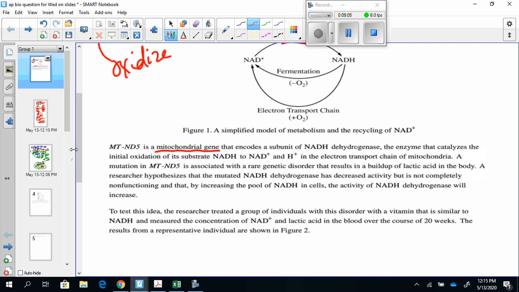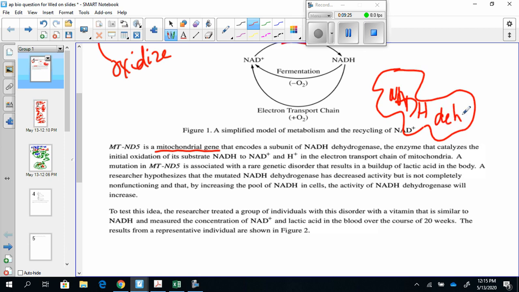All right, so this is a mitochondrial gene that encodes a subunit of NADH dehydrogenase, the enzyme that catalyzes the initial oxidation of NADH to NAD plus and H plus. All right, so I'm going to draw an enzyme. This is my NADH dehydrogenase, and right here would be the spot where NADH fits in.